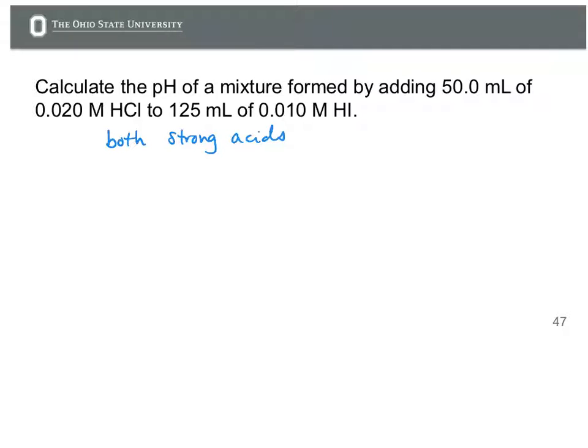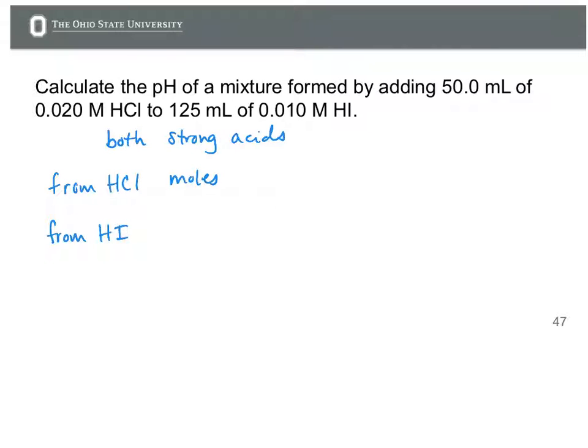All right, for the sake of time, let me move us along here. For both of these acids, because we're mixing them together in one solution, they're both strong acids. Essentially, the concentrations are going to be additive because the concentration of H3O plus is going to be based on the number of moles of each of these added. So from HCl and from HI, we're going to calculate the moles. In order to do that, we take our concentration and multiply it by the volume of that substance that was added.